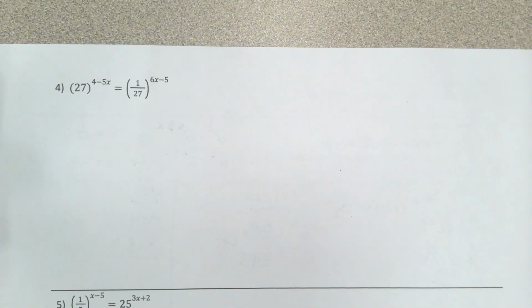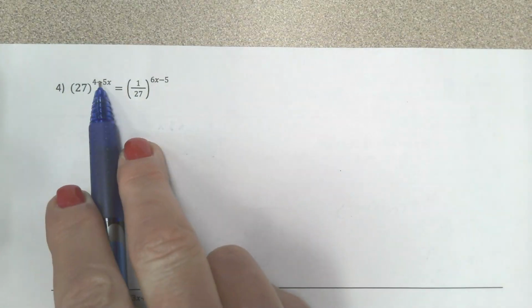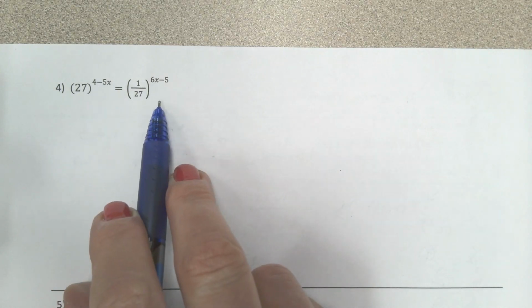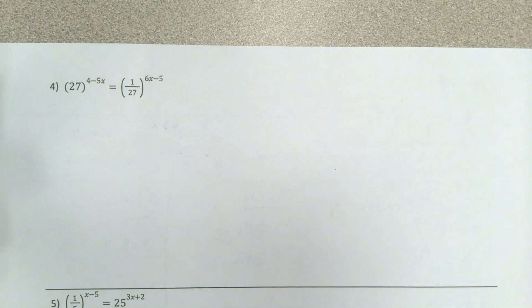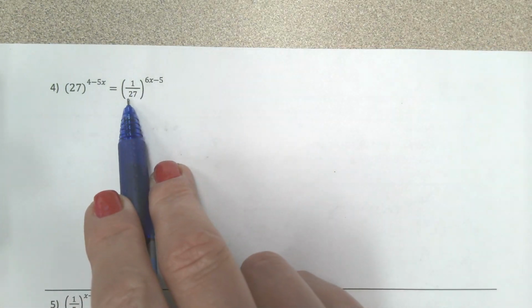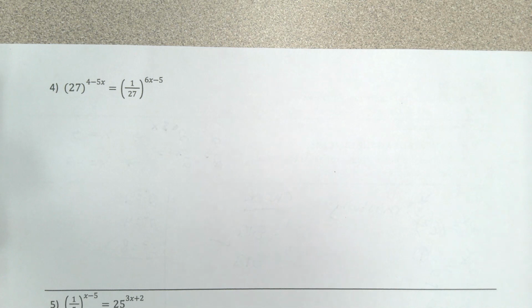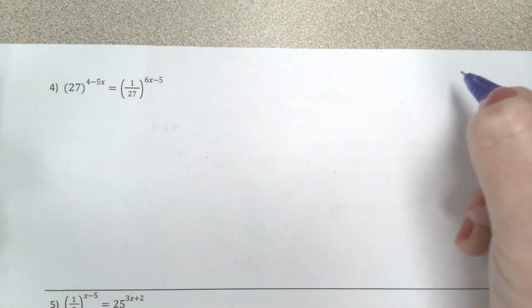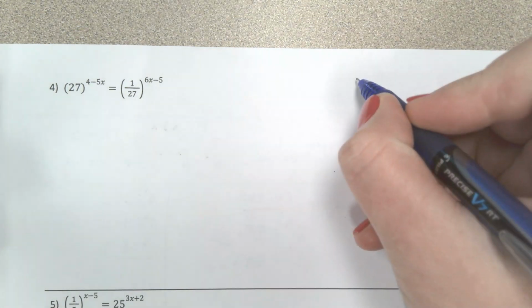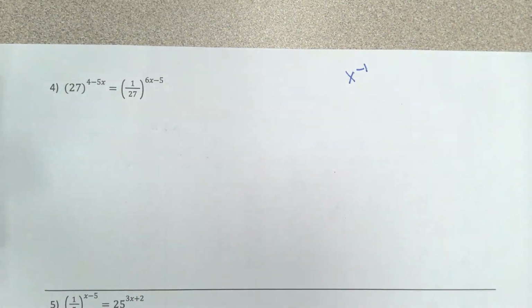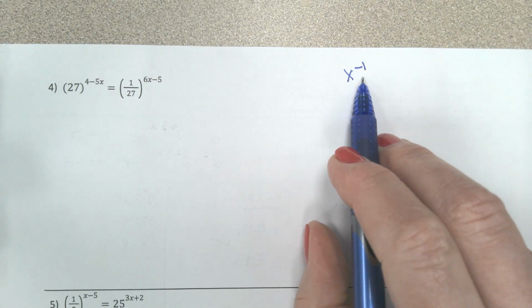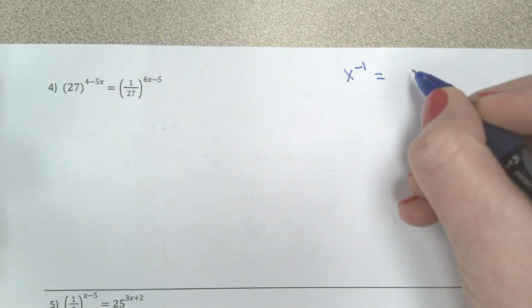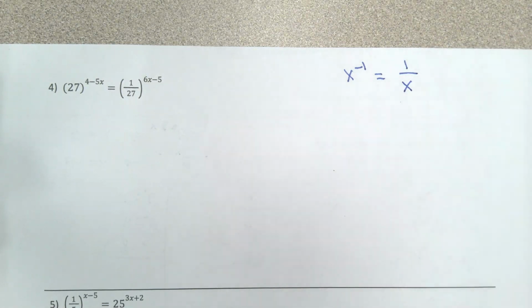All right, so I have 27 raised to an exponent equals 1/27 raised to an exponent. All right, so anytime that you have fractions, you're going to have to fix them. So back in a previous chapter, I learned that if you have something raised to a negative exponent, you can fix it by sending it to the denominator.